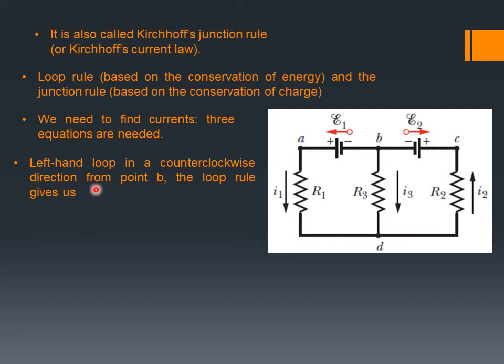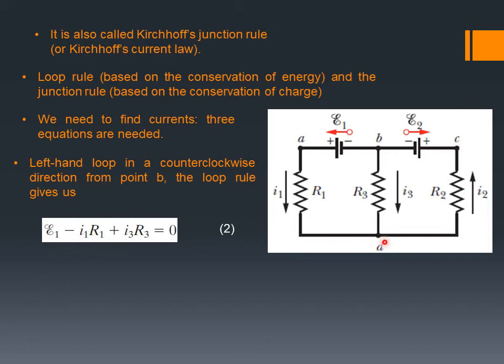For the two equations we analyze the circuit. Take the left-hand loop in the counterclockwise direction from point B. The loop rule gives us, when you pass through the battery, EMF1, so you write EMF1, and then since you are going in the direction of I1 through R1, the voltage drops, so minus I1 R1.